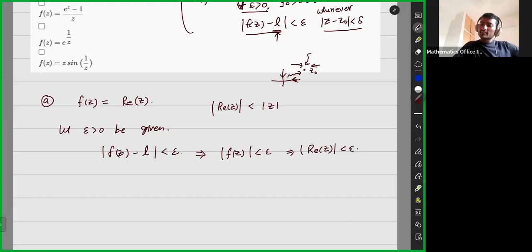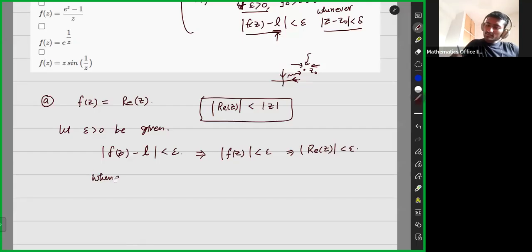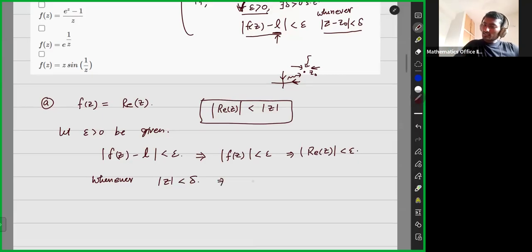This suggests that whenever mod z is less than delta, the real part of z is also less than mod z. This implies the modulus of the real part of z is less than mod z, which is less than delta.